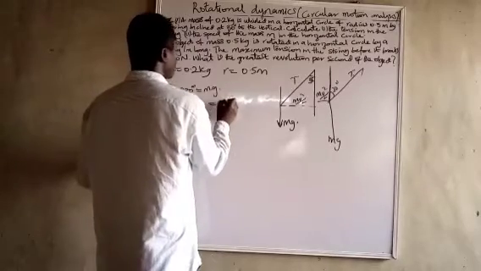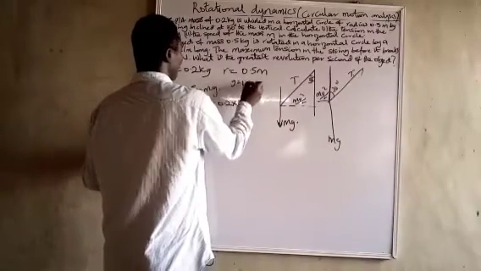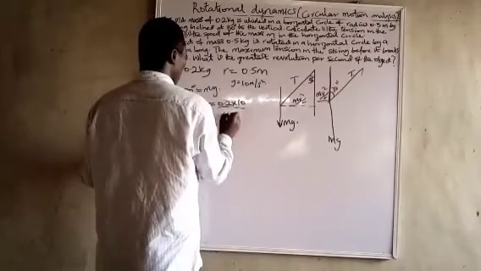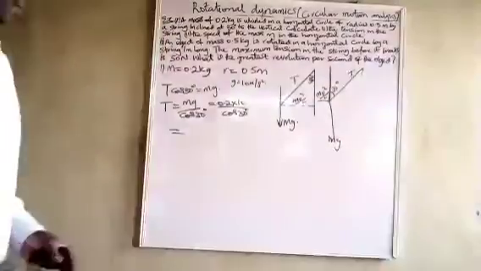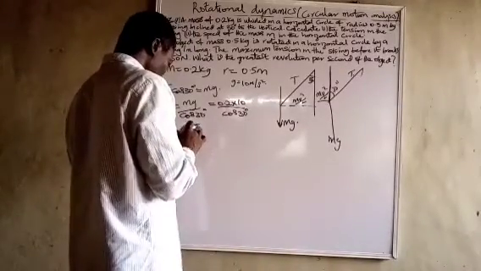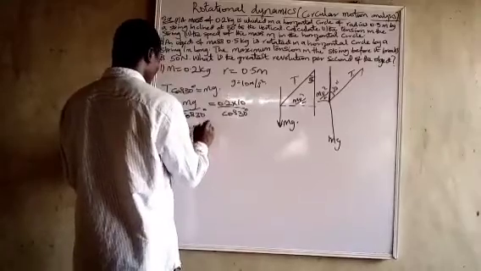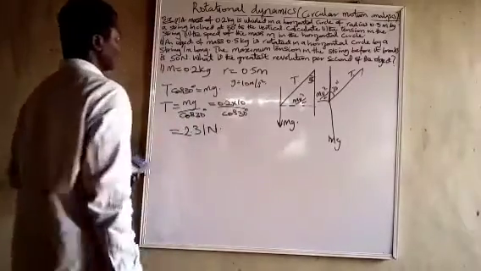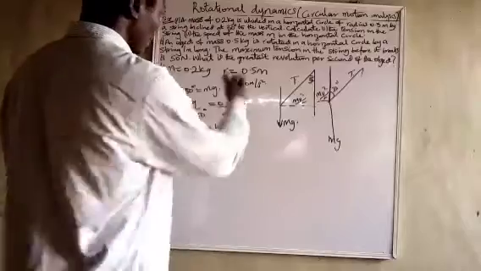That is 0.2 times 10, if g is taken as 10 meters per second squared, over cos 30 degrees. And that's going to give us 2.31 Newton.